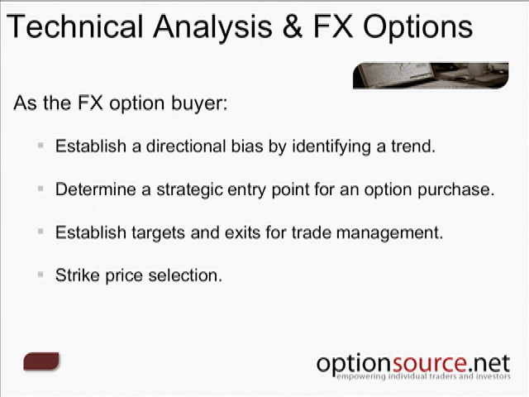Now, resistance we use for establishing targets and exits for trade management, as well as for price selection. When we talk about the idea of strategy selection, we want to fit into that the idea of selecting the most appropriate strike for our objectives as well.